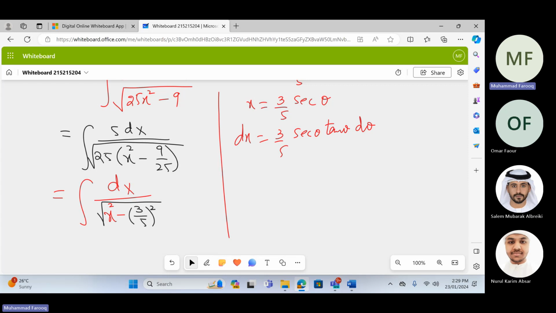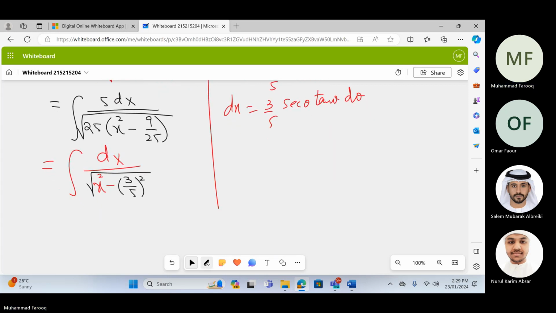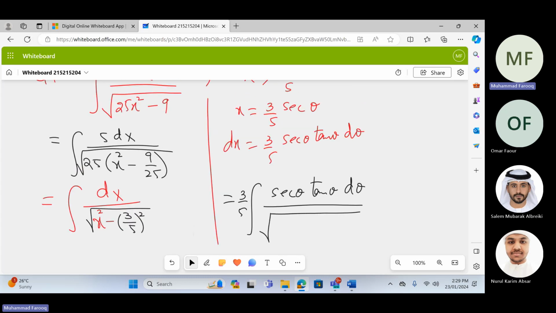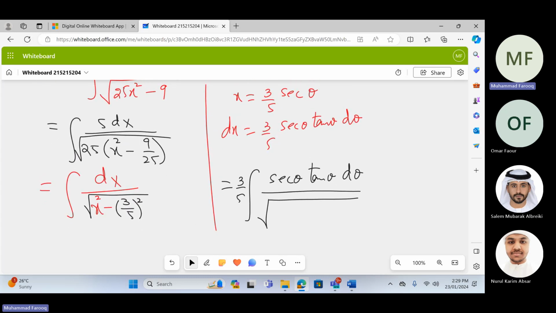Now please substitute these. As per our calculation, our dx is 3 over 5 secant theta tan theta d theta, divided by the square root of x squared minus 3 by 5 squared.